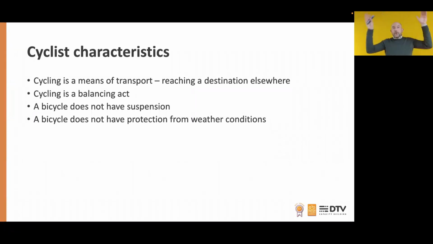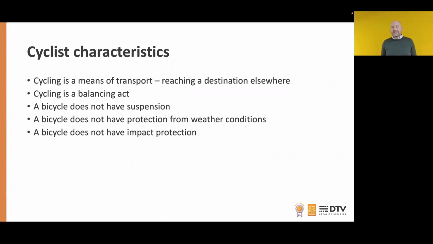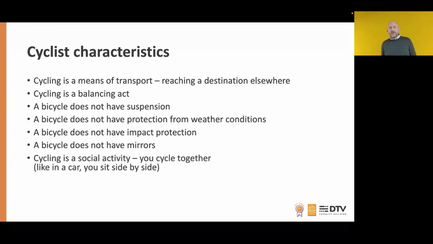It's really important to have some shade, for example. We don't have airbags or whatsoever. We are a vulnerable road user as a cyclist. We don't have mirrors, so especially if we want to make a turn, we really have to turn and we weave a bit again. So it's also a social activity.